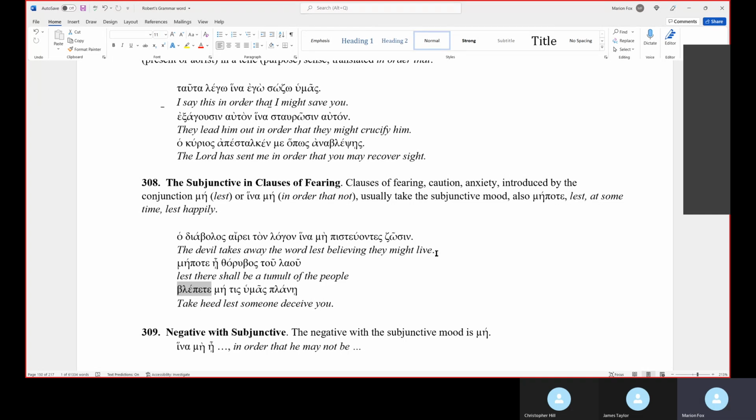Take heed, lest, me is "lest," right here, lest someone, a certain one, probably in the context someone he's just talked about, probably in the sentence just before or pretty close to it, you, accusative case, may deceive. Let no one deceive you. Look carefully at this. Any questions?